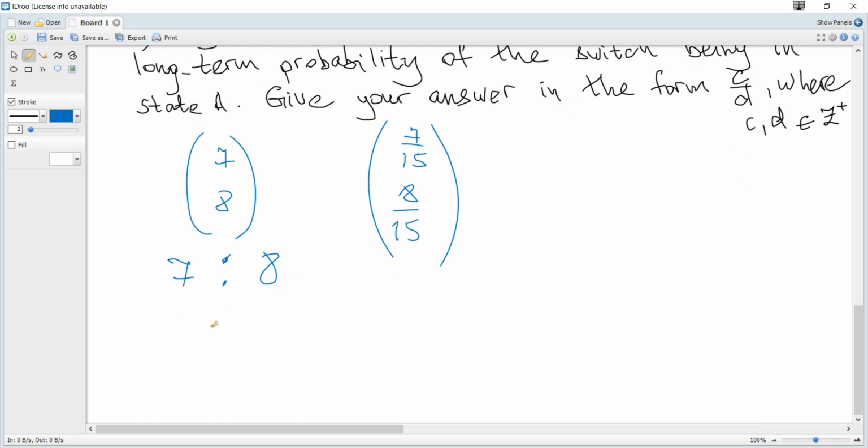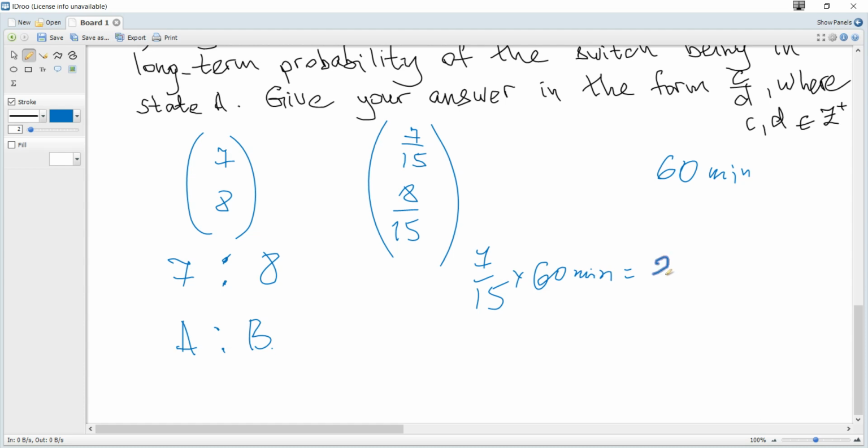It's approximately a ratio in time that A and B are operating, 7 to 8. Or 7 over 15, for example, if they operate 16 minutes, 7 over 15 times 16 minutes is what?